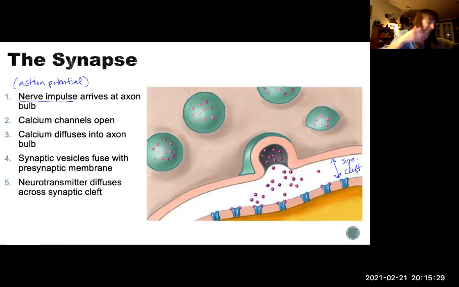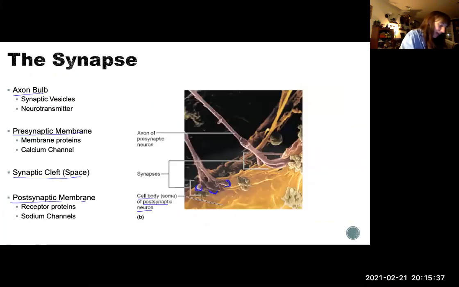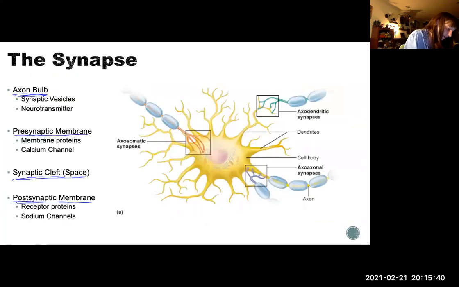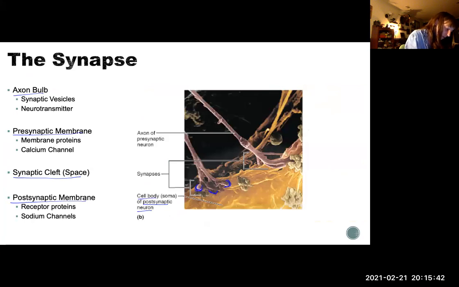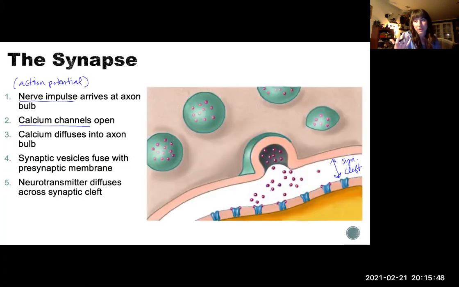It is going to cause calcium channels to open around on the surface of the bulb, okay? So that could be around this part up here, over here, all the way around the bulb. You have calcium channels that are going to open, and calcium is going to diffuse into that axon bulb, into the terminal bulb, okay? Calcium diffuses in.